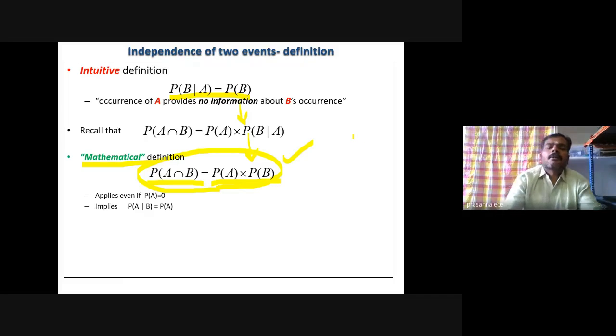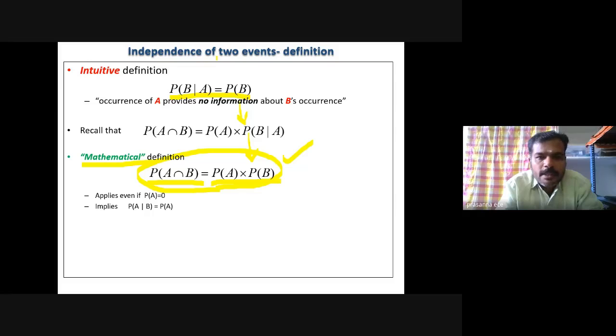Now we are discussing independence of two events. When we go for multiple events, it has a different definition, and we'll look into that also. For now, we have defined the independence of two events: if the joint probability is nothing but the product of the individual probabilities, we say those two events are independent.